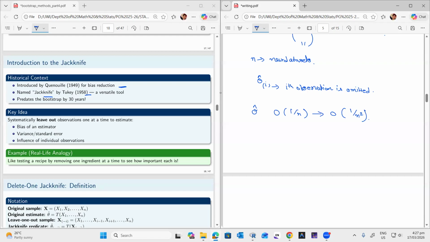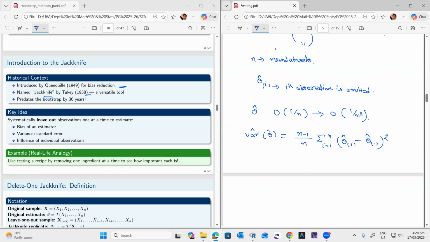So the jackknife variance estimator is: the estimated variance of theta cap equals n minus 1 upon n times the summation over i going from 1 to n of (theta cap i minus theta bar cap dot) whole square.